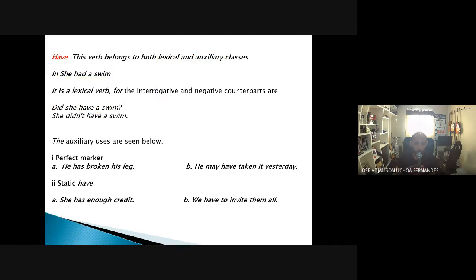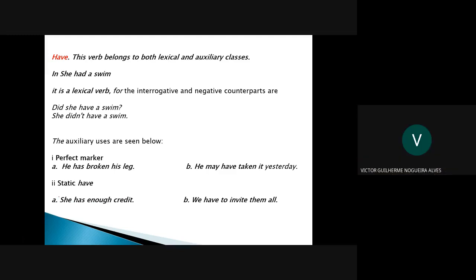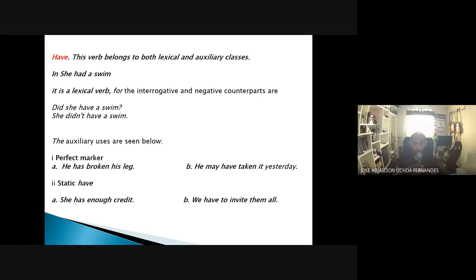Okay, now she has enough credit. What is the interrogative version of this? Has she enough credit? Does she have? Yeah. So it behaves as an auxiliary verb.